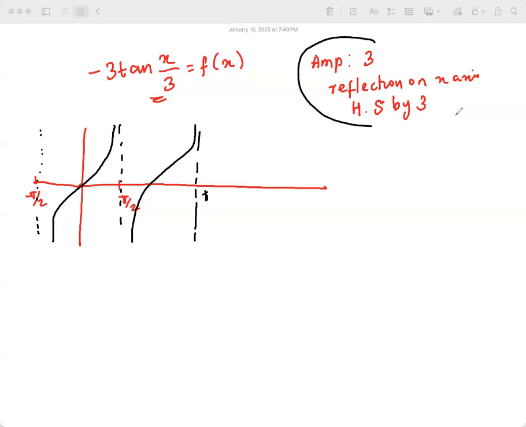So we have written all of this in here. Basically there is no shift up or shift down, right? But there is a reflection on the x-axis. So what would happen to the graph? This is your x-axis, right? If it is reflected on this x-axis, what would happen to the graph? Who can describe?